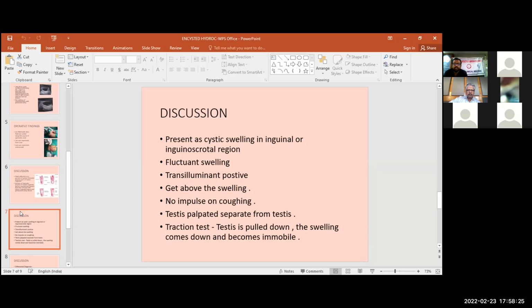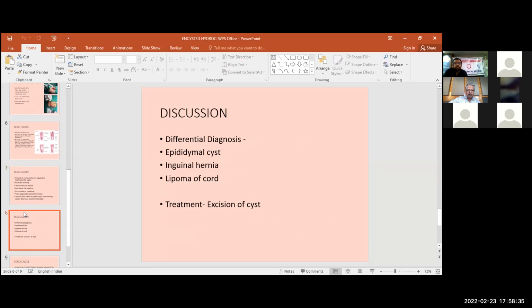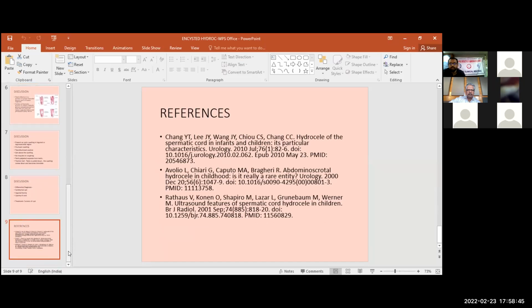Traction test: testis pulled down, the swelling comes down and becomes immobile. Differential diagnosis: epididymal cyst, inguinal hernia, lipoma of cord. Treatment of choice: excision of cyst. Thank you.